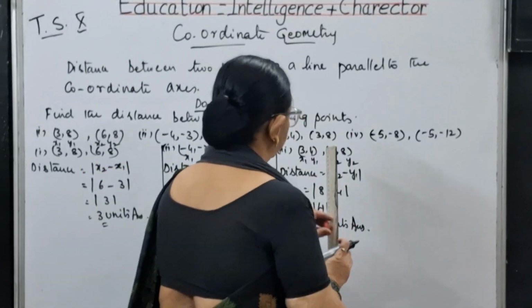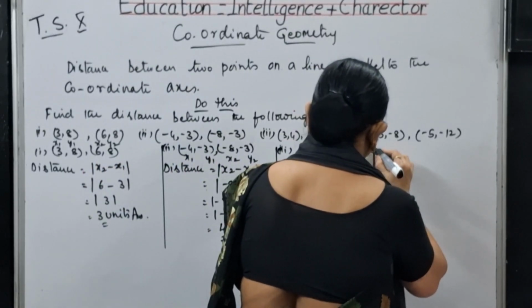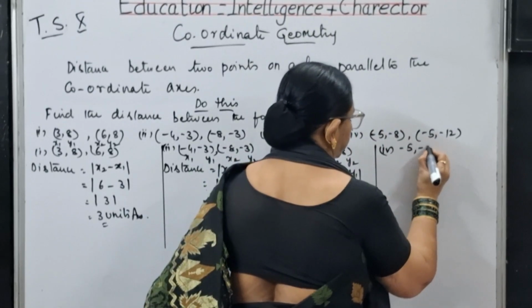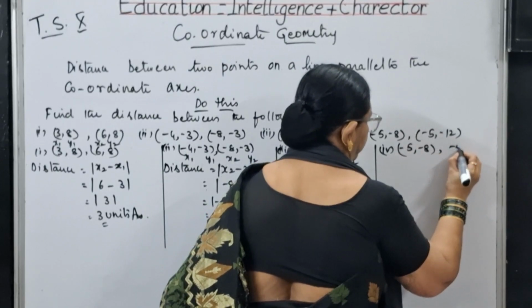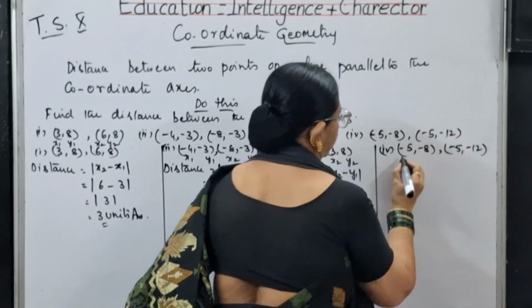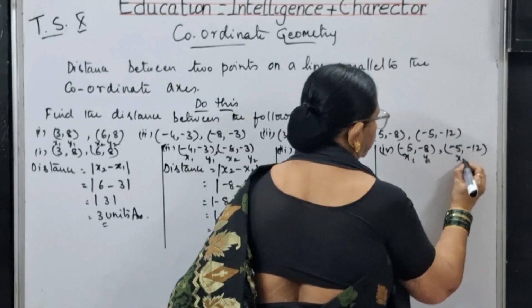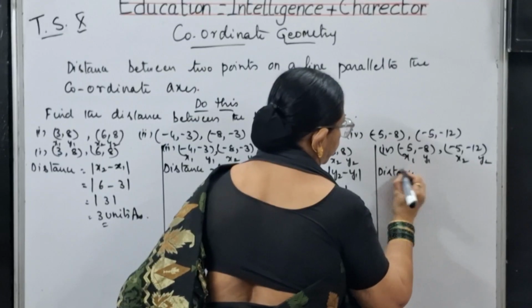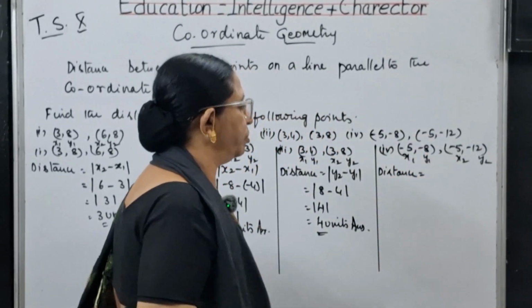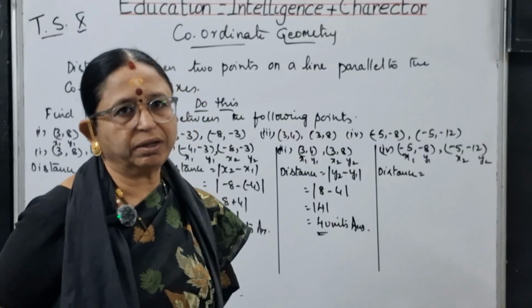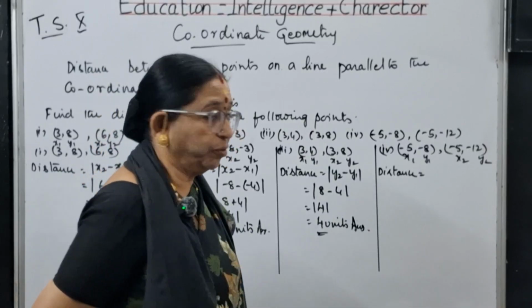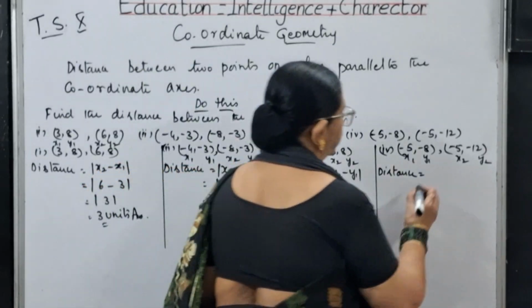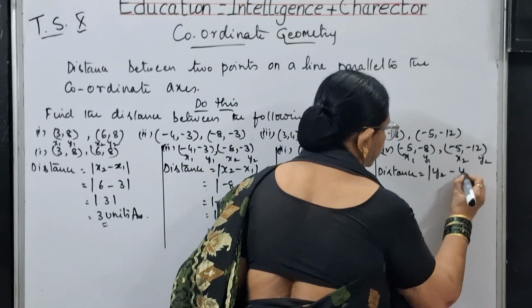Now let us see the fourth bit. Minus 5 comma minus 8, minus 5 comma minus 12. So x1 y1, x2 y2. Now we have to use the distance formula. Here also the x coordinates are the same, they are minus 5. So we have to think that the line is parallel to the y axis. So the formula is modulus y2 minus y1.